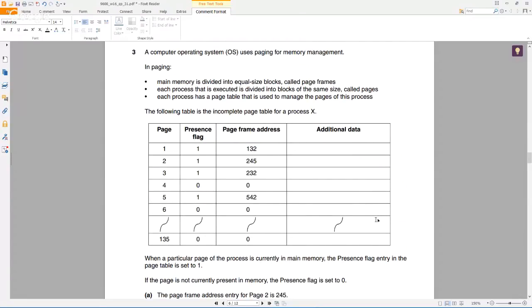The next question is about paging for memory management in operating systems. The main memory in a computer is divided into equal size blocks called page frames. That's actually an abstraction created by the operating system, and each process is divided into blocks of the same size called pages. Each process has a page table that is used to manage the pages of this process.